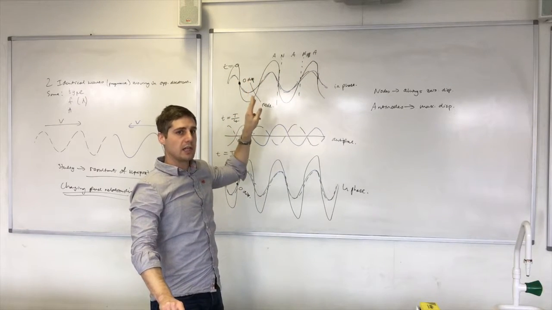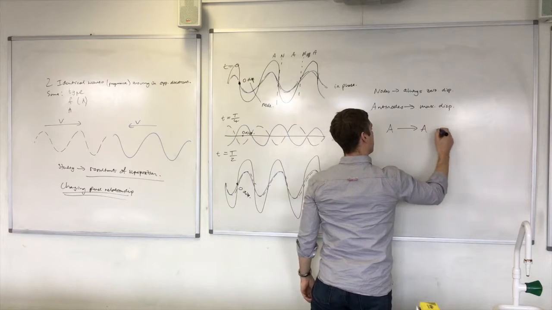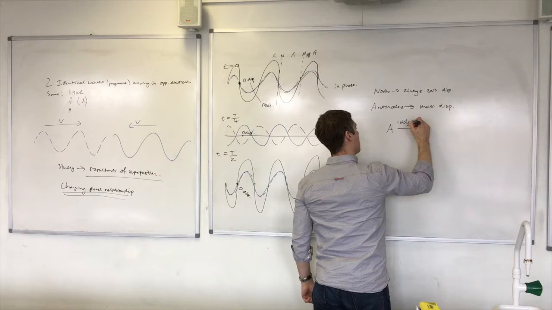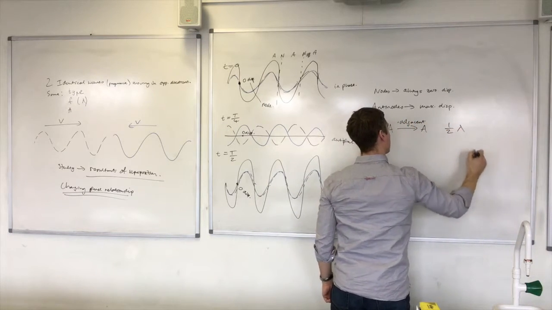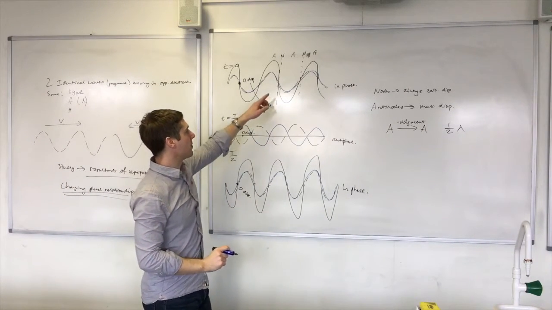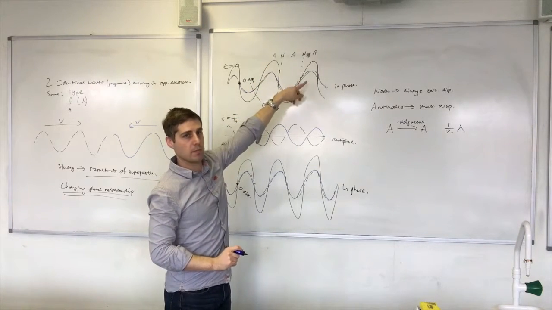So an adjacent antinode to an antinode, that's half a wavelength. And the same is true of going from a node to a node. Here you're between a peak and a trough, and here you're between a trough and a peak.